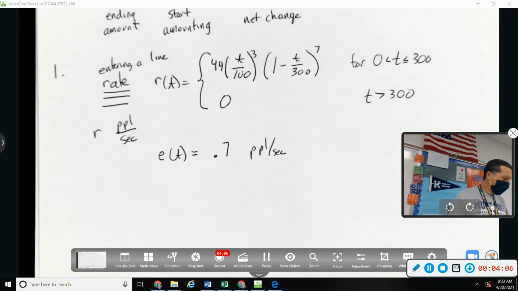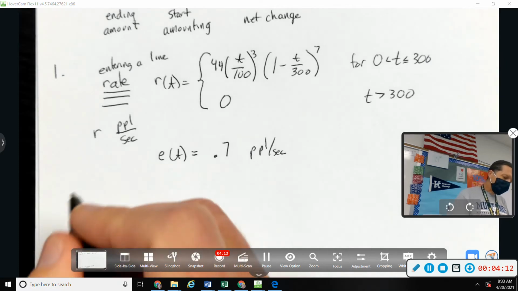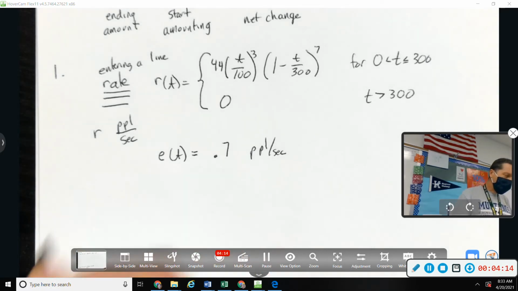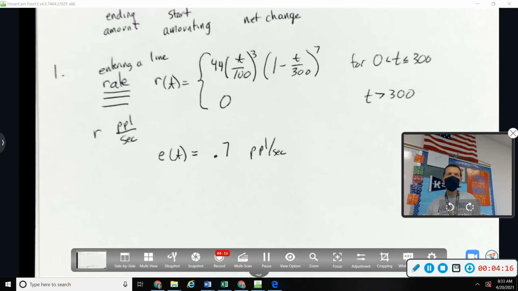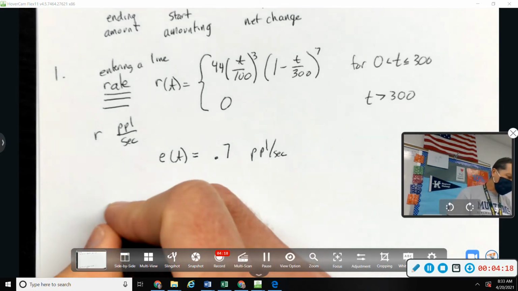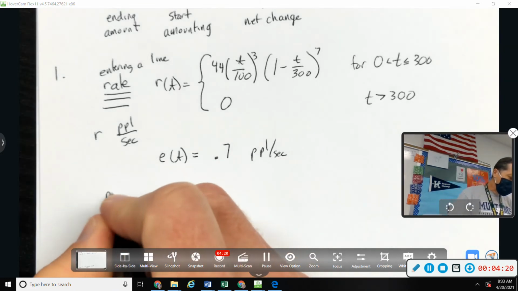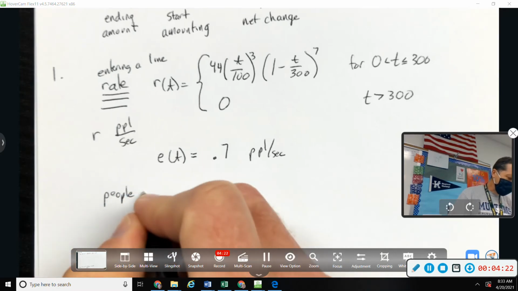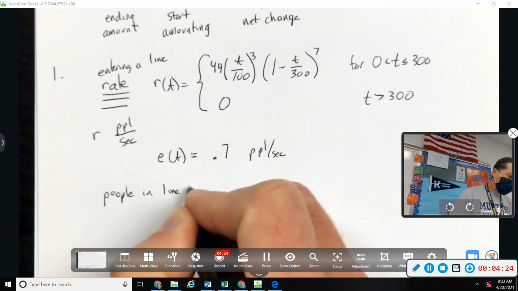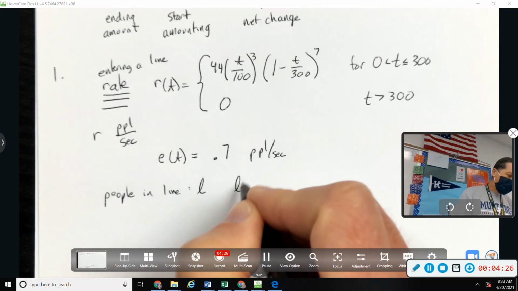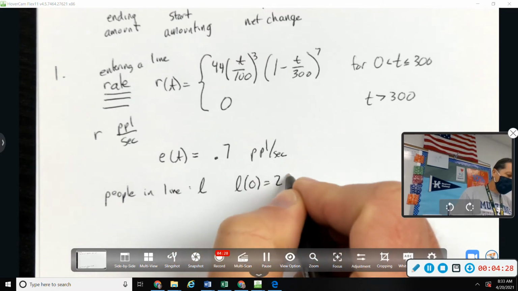There are 20 people in line at time 0. So I probably need a variable that represents how many people are in line. Let's say L is people in line. So not people being added to the line, but people in the line is L. And L of 0 is 20.